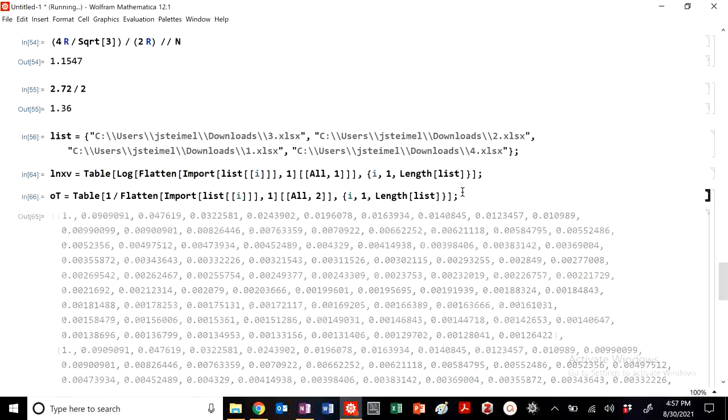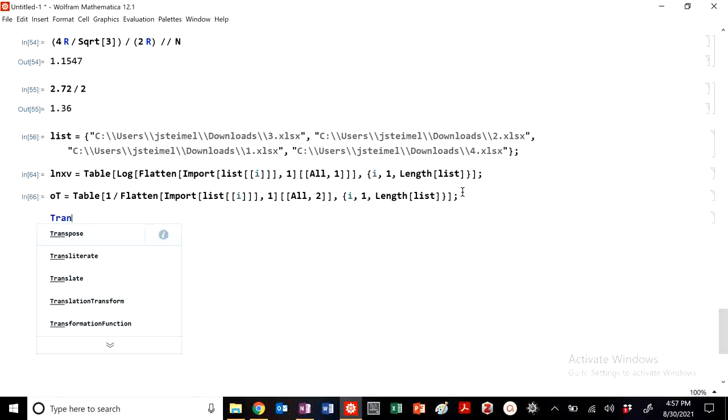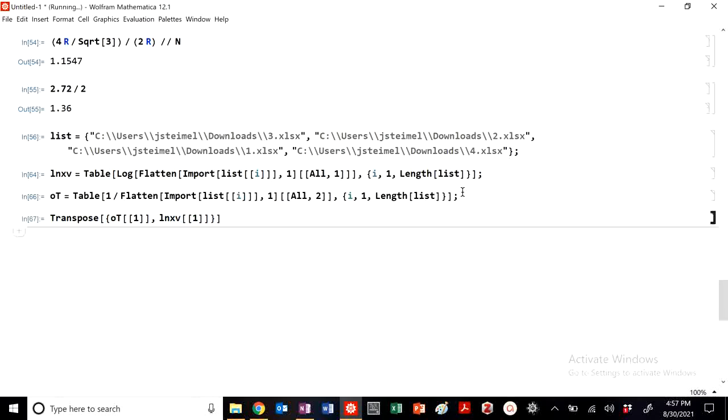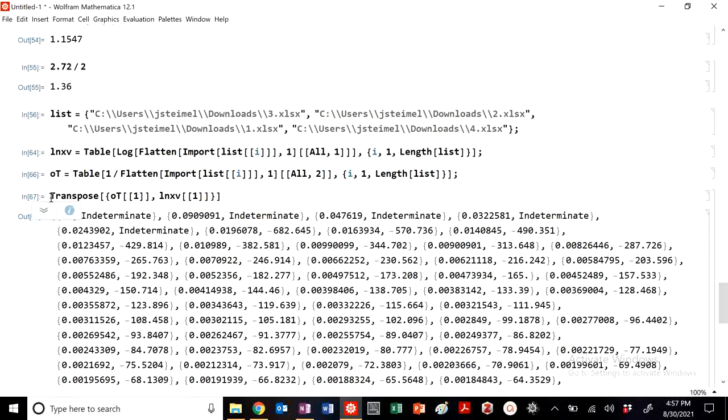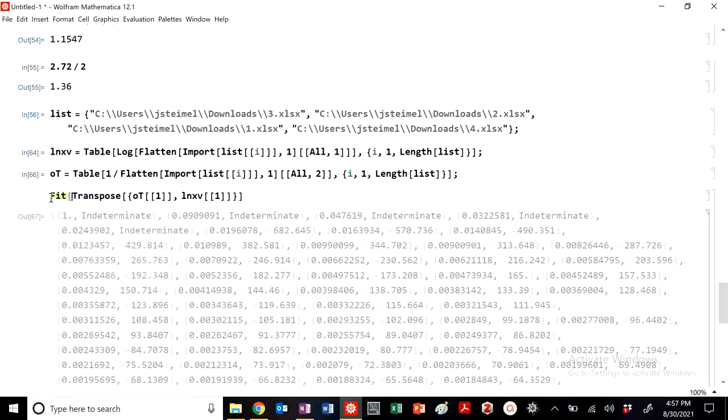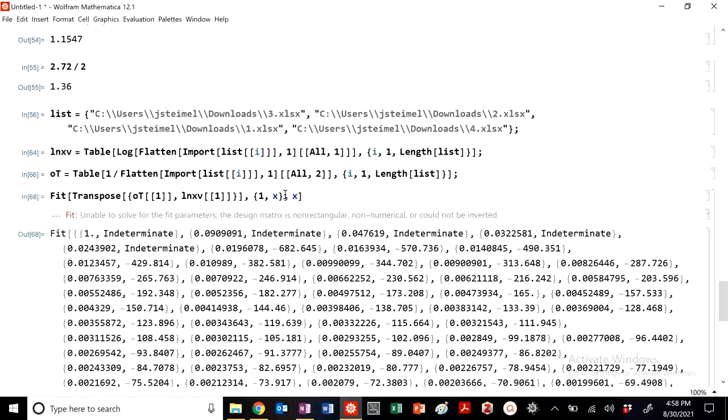So now I can do transpose, and I'm going to do OT, OT1, T1, then ln XV 1, and then I'm going to do fit 1, X. Let's see.